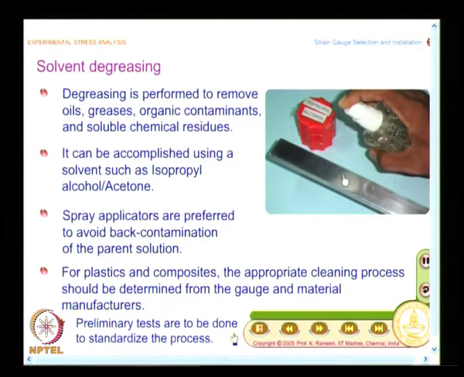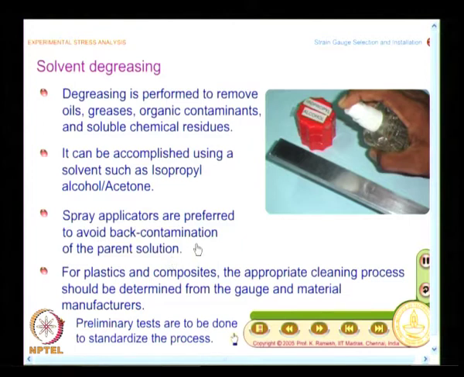So, if you spray the cleaning liquid, the parent liquid is not contaminated. Though it is a simple step, attention to detail is very important. You can do the cleaning with isopropyl alcohol or acetone, and as I mentioned earlier, spray applicators are preferred to avoid back contamination of the parent solution.